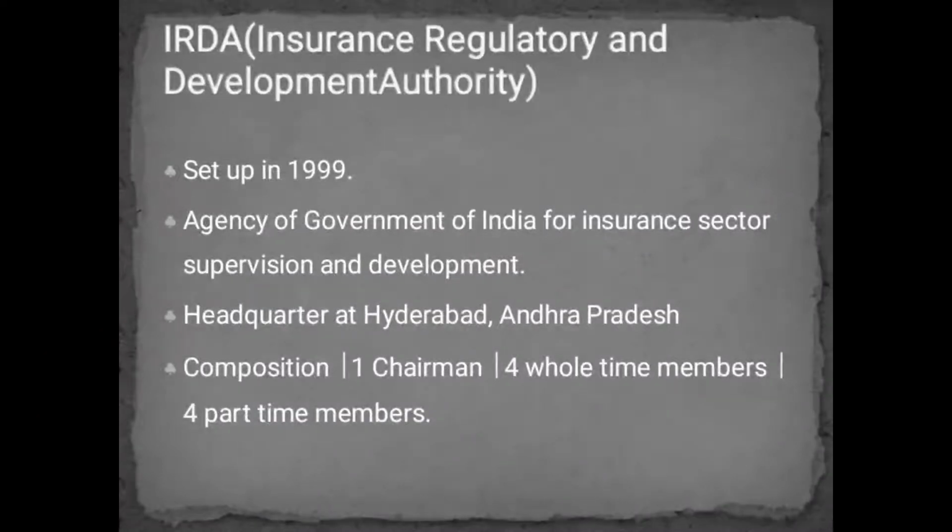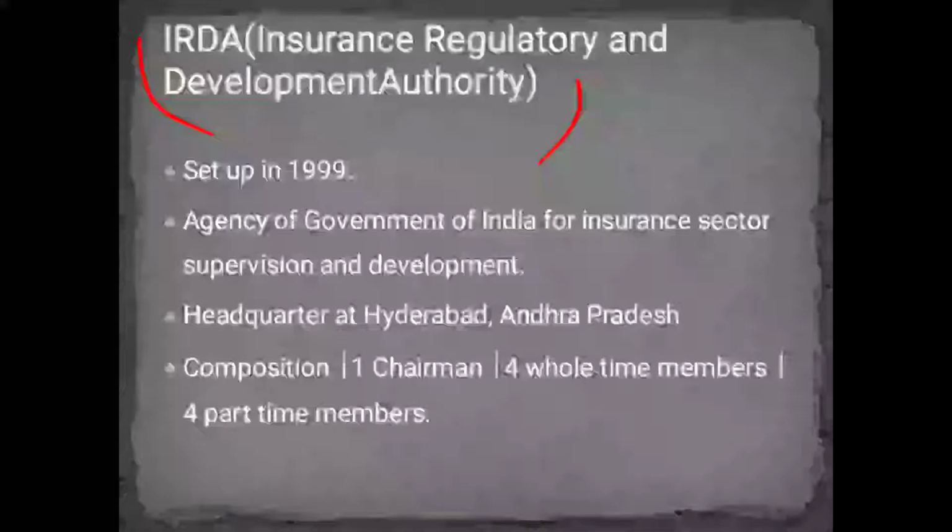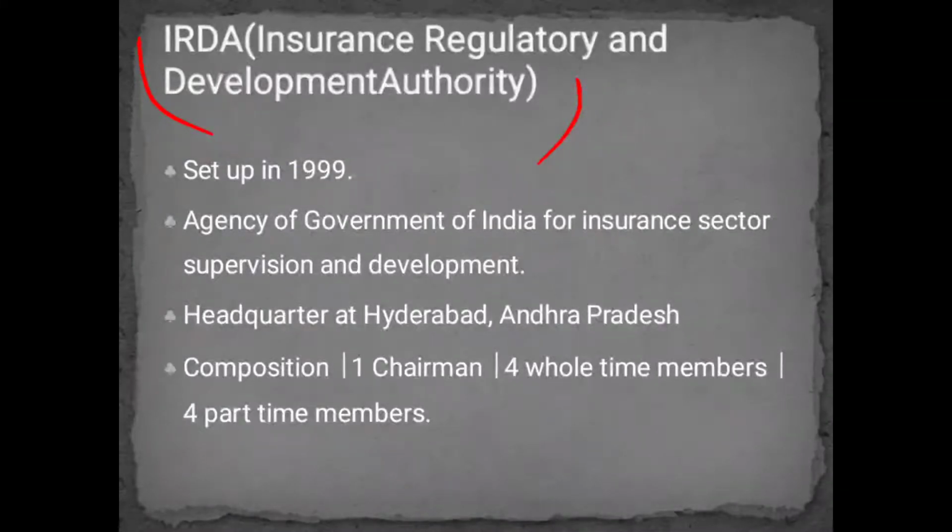When we speak about private insurance, there should be a regulatory body controlling it. That is the regulatory body of India, the Insurance Regulatory and Development Authority. We have to know it because this body controls all the insurance companies. IRDA in short. It was set up in 1999.